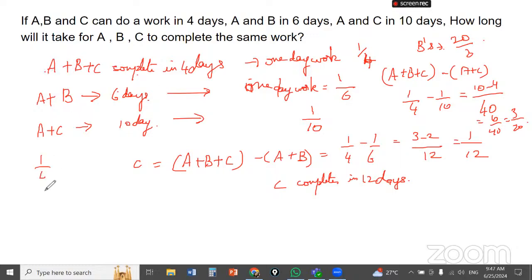And B and C together we can add, and if we subtract that from it, we get the value for A. Let me erase all of them. I think all of you followed this method only. Other method, if you want, I can try that one also.